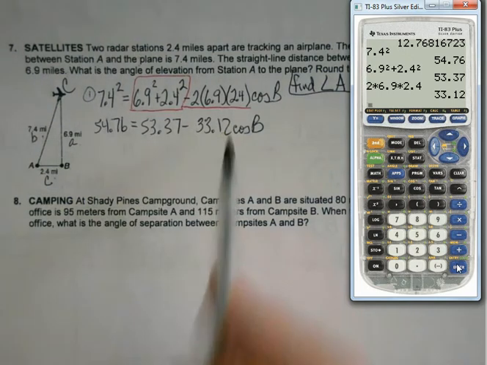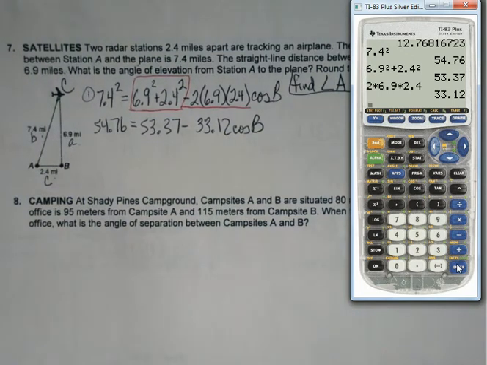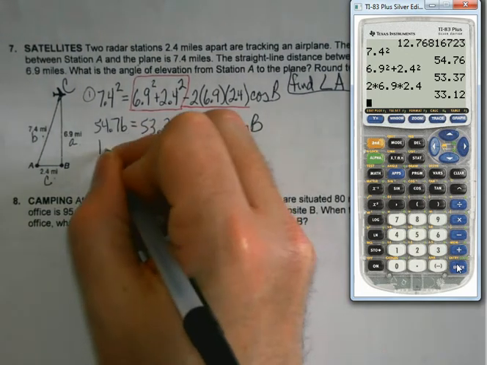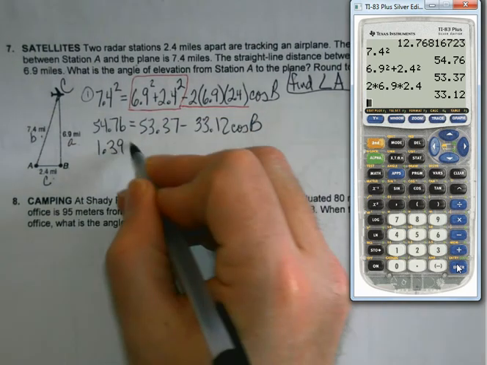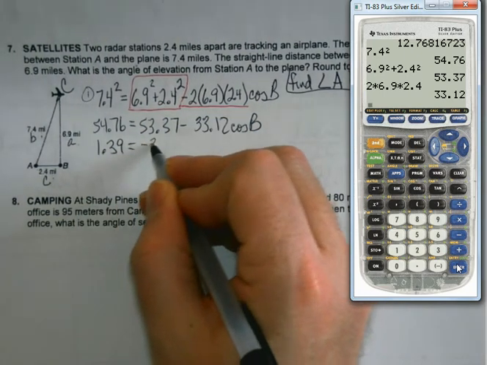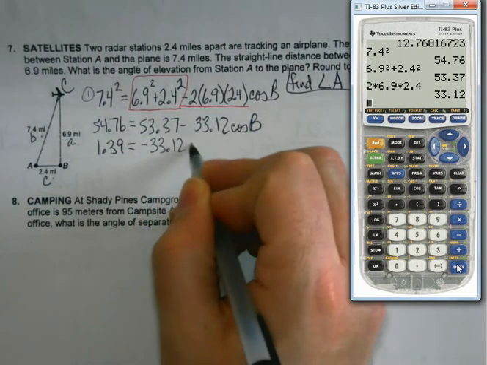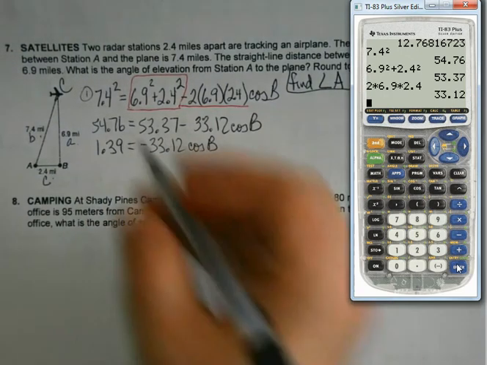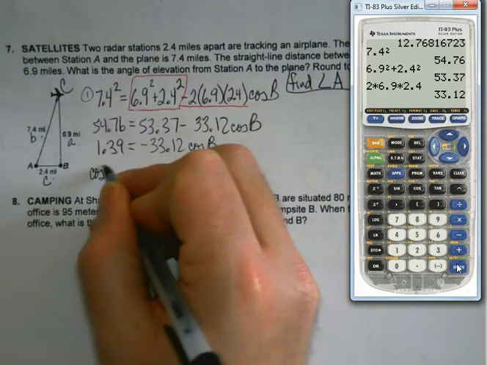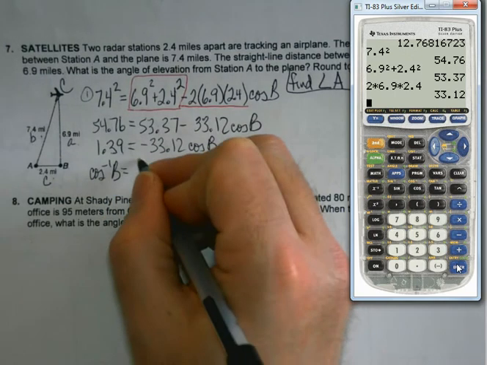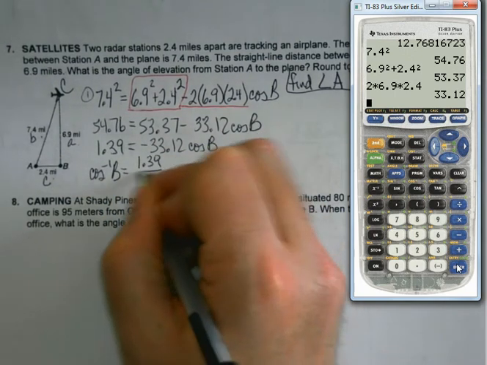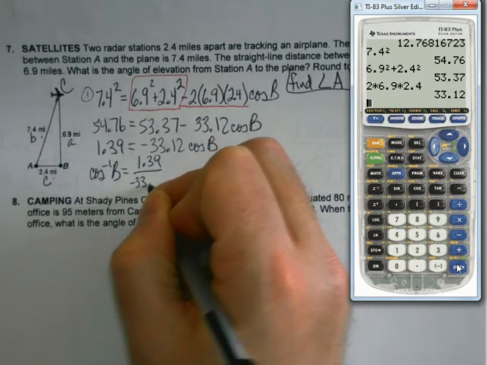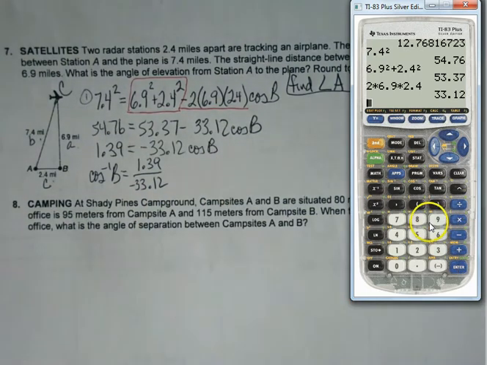Don't touch that number that's hooked onto my cosine B here. So we'll subtract that 53.37 over. And then to find B, we're going to have the 1.39 divided by negative 33 and 1200ths. And that little tiny decimal number.